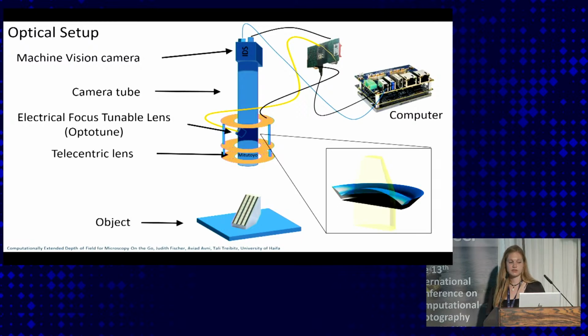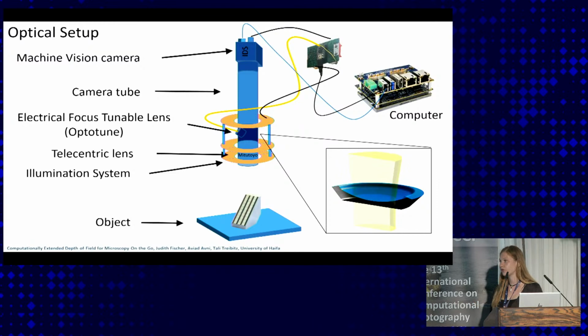The electrical focus tunable lens changes its curvature with the current you are giving it, and this way, we can change the focal planes in a very fast way. We have an illumination system which consists of LEDs which are focused through a Fresnel lens. The illumination, the image capture, and the change in focal plane are synchronized by a microcontroller.